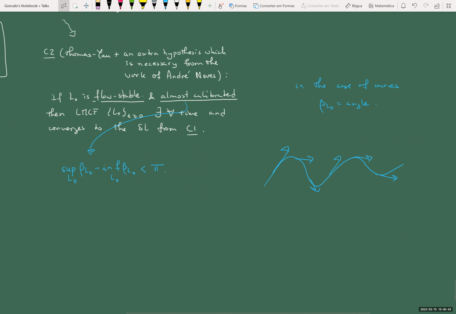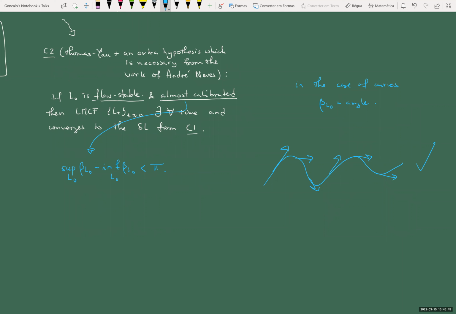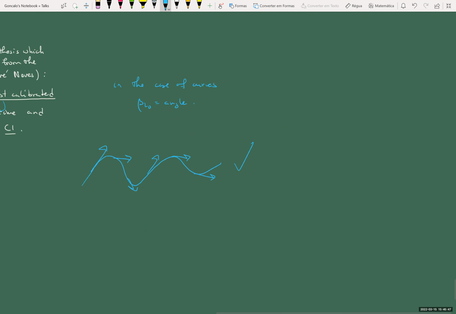So for example, this is okay, but something like this would not be okay. If you do something like that, you see, here it goes like that, here it goes like this, here it goes like this. So you see it already has a total variation of something like from here to here, and all that is more than pi.